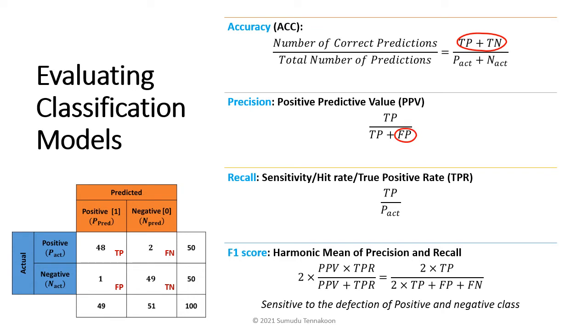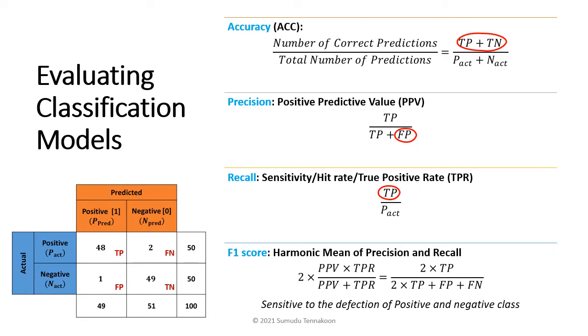So a few other things I wanted to highlight. Your total number of predictions we can get as P plus N here. In the accuracy, if you are tracking accuracy to improve your model, what we are trying to do is improve the number of correct predictions. So my marking is incorrect in the top part.